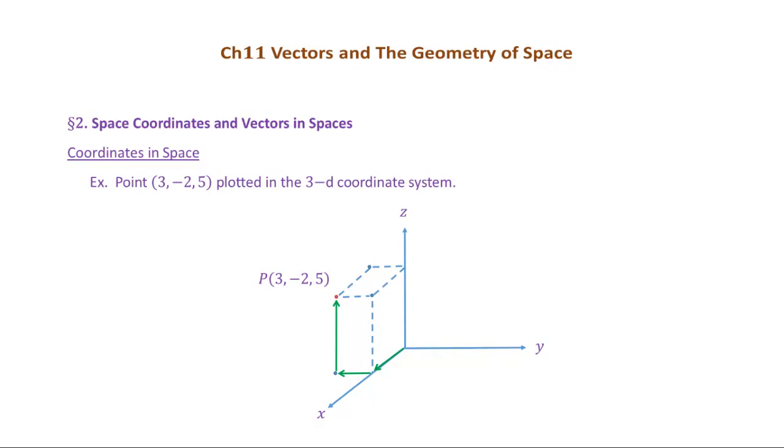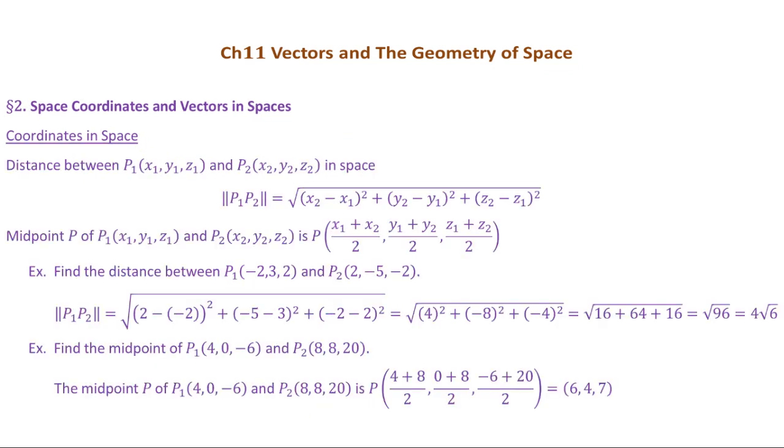Then you move 5 units up, parallel to the positive z direction, just like this. You can see the box. That's pretty straightforward.